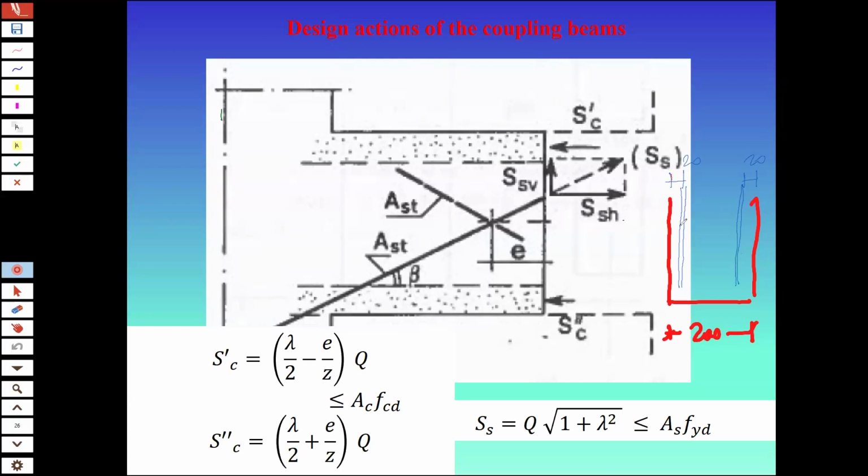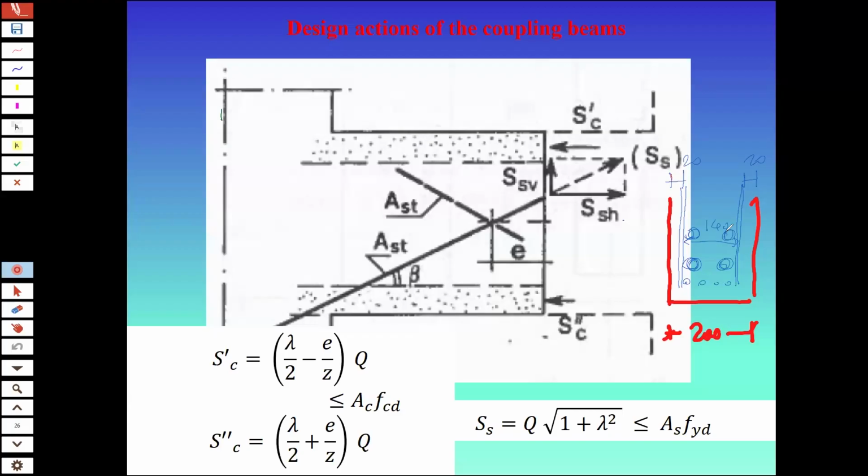But what does it mean if this is 8 to 10 millimeter? It means that you lose 2 further centimeters. So the clear space in between here becomes 14 centimeters. And in these 14 centimeters, as you have seen, you have to accommodate some reinforcement here, but you have to accommodate these major diagonal bars.